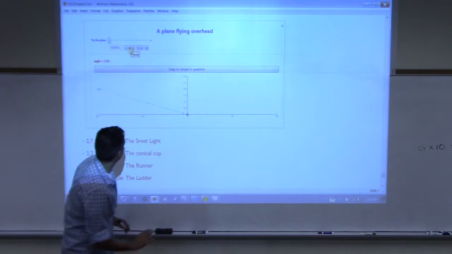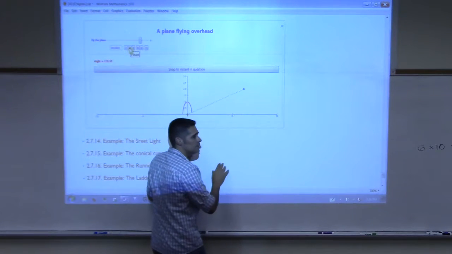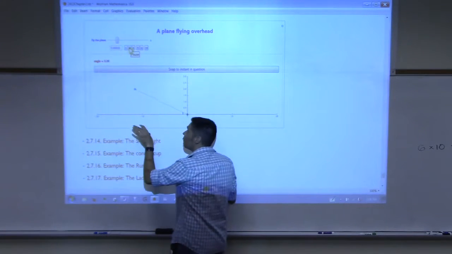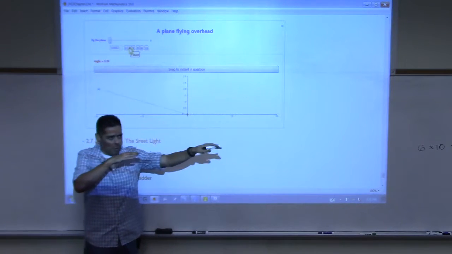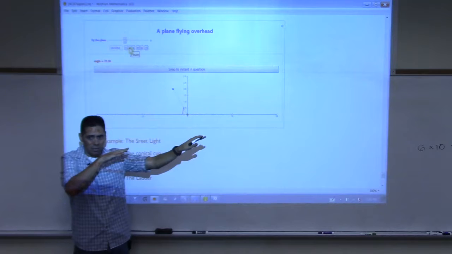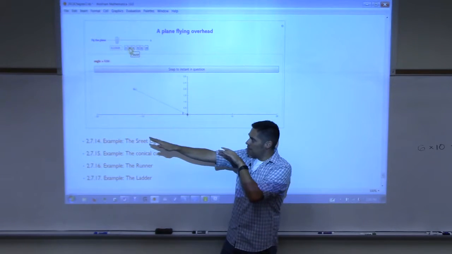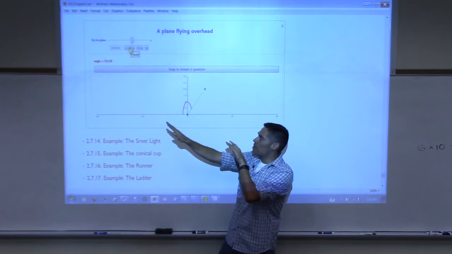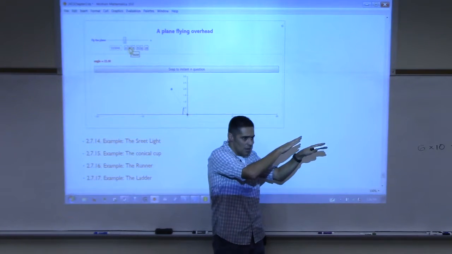This goes back to if there's a plane flying overhead and you're following it, right? You're trying to follow this plane going overhead. If it's really far away as it comes towards you, you don't have to turn your head very fast until it gets closer, and then that speeds up, and as it goes by, that's slower, isn't it?